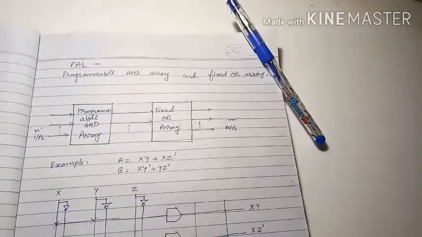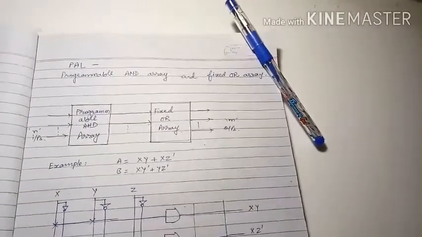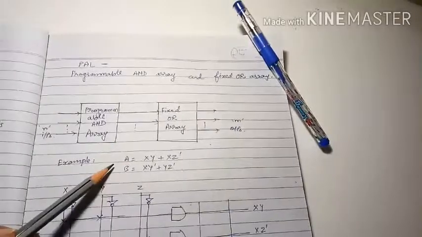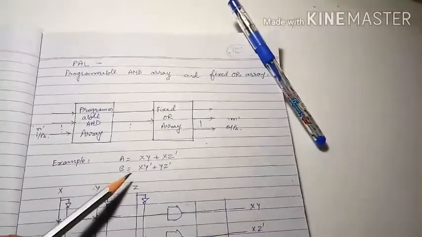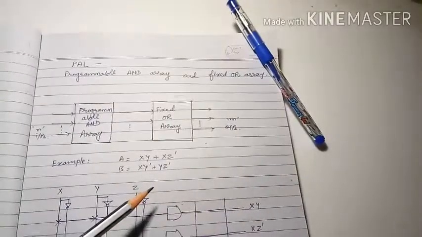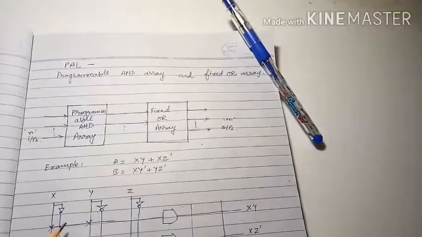We will be taking an example of two Boolean functions A and B, where A is xy plus xz dash and B is xy dash plus yz dash. Now here only the programmable AND array is there.